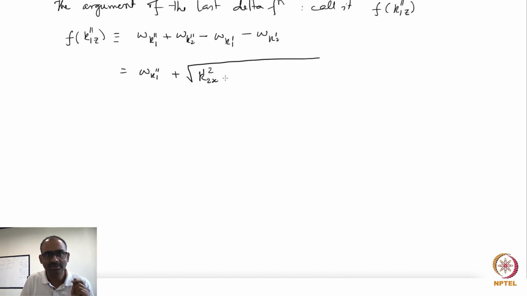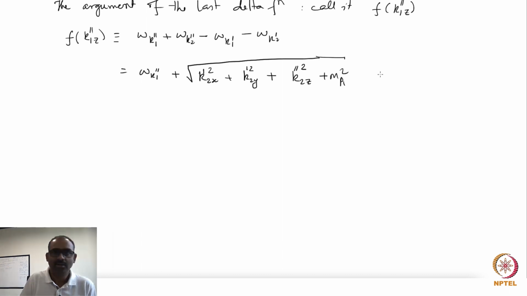Again the y component of k2 double prime is the same as the y component of k2 prime. So, this is okay, but k2z double prime squared I keep, because this is yet to be determined, plus mp1 squared, and then minus omega k1 prime minus omega k2 prime. Okay, so let us take the derivative.